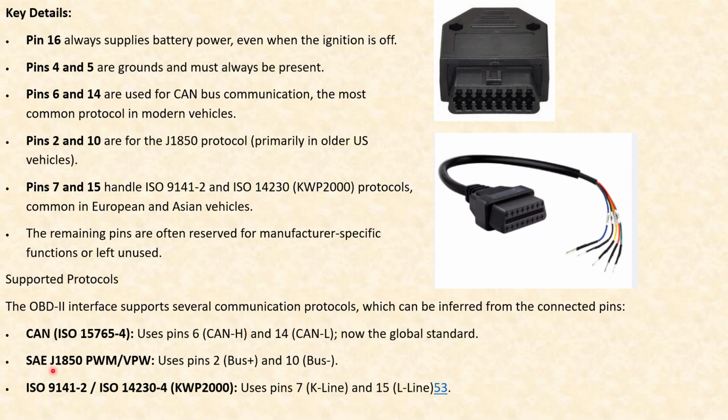SAE J1850 pulse width modulation uses two pins: pin 2 for bus plus and pin 10 for bus minus. And ISO 9141-2, ISO 14230-4, KWP 2000 uses pins 7 and 15. Pin number 7 for the K line and pin number 15 for the L line.